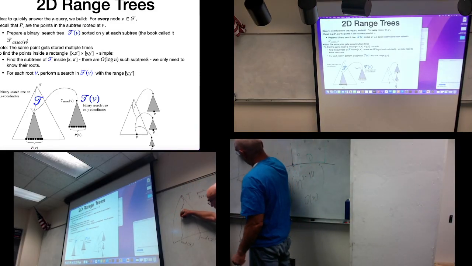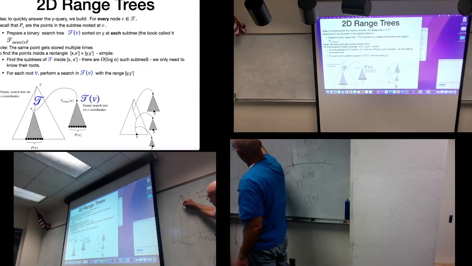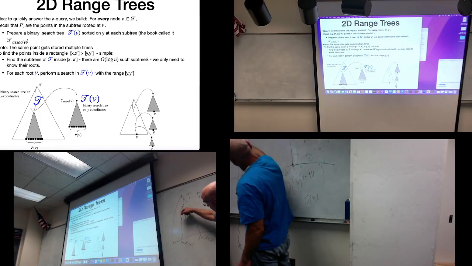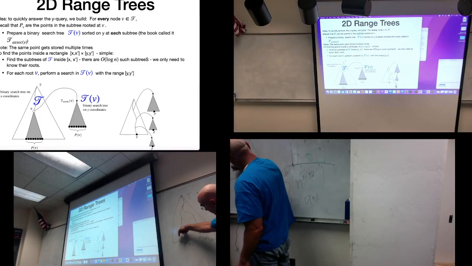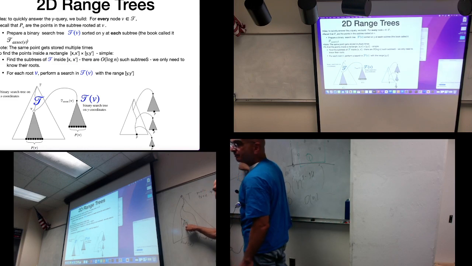And I look at these paths. And I look at one of the nodes of this path where, below the split point, my path to find X branches left, and I look at one of these canonical subtrees. All the points here are between X and X prime. What is this subtree?